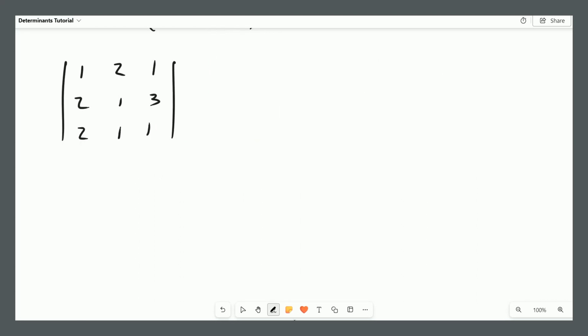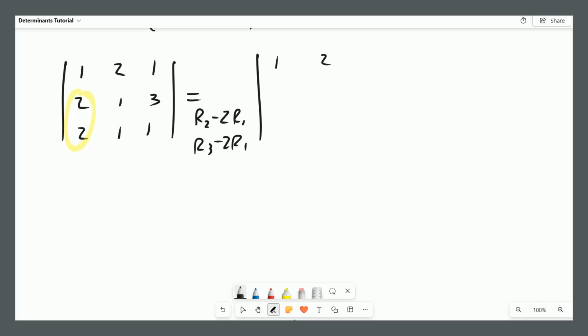Let's calculate the determinant of this one. Again, I think it's easiest to just bring it closer to row echelon form. So we're going to create some zeros right here. And all we're doing is just row 2 minus 2 row 1, row 3 minus 2 row 1. We're just adding a multiple of another row, so that's not going to change the value of our determinant.